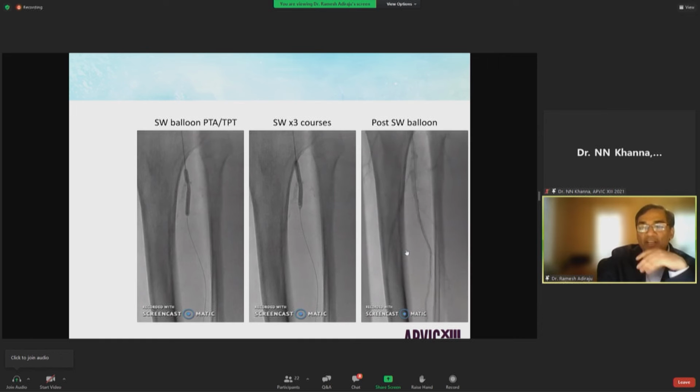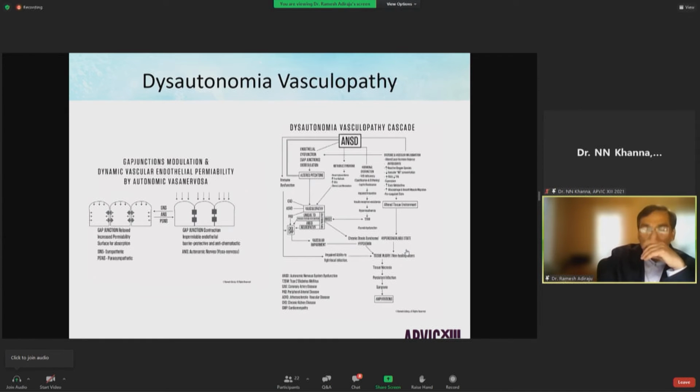The side branch is preserved, with good runoff to the distal vessel. So that's how Shockwave makes this calcified multi-level disease simpler to manage in the lab. And it's a faster procedure, decreases radiation exposure, dye utilization, etc.